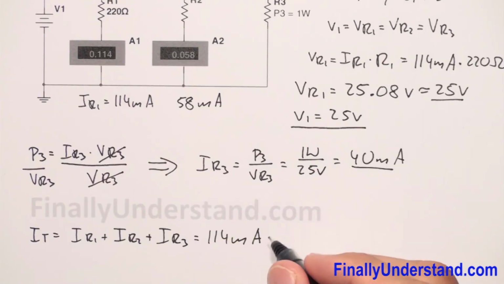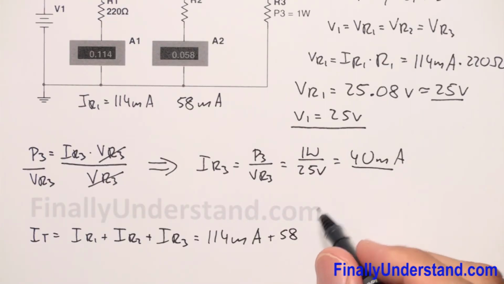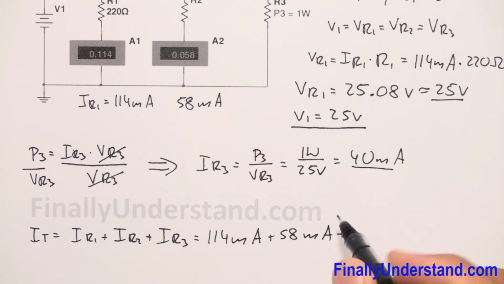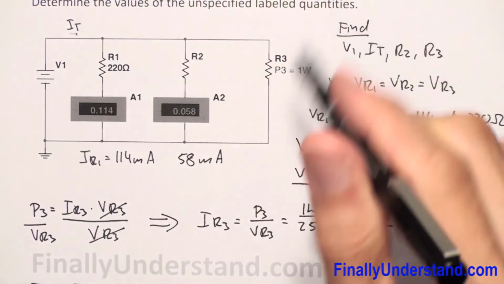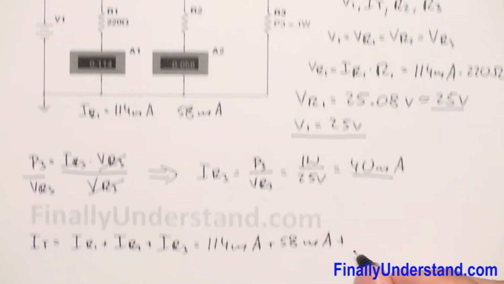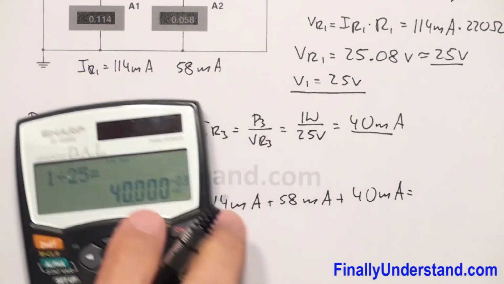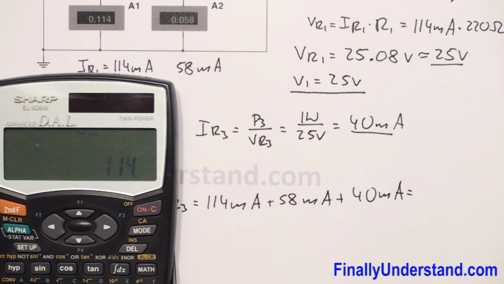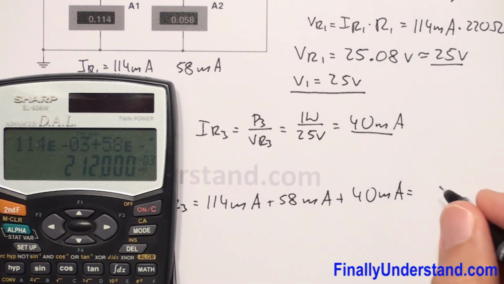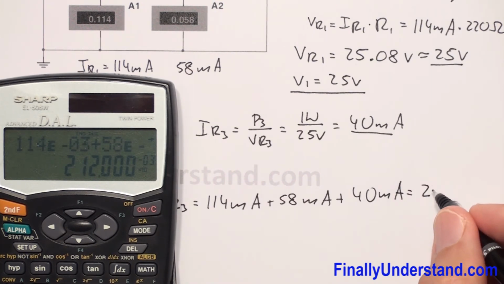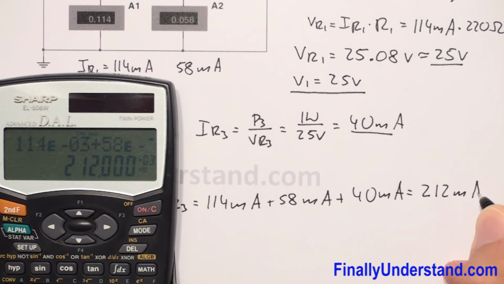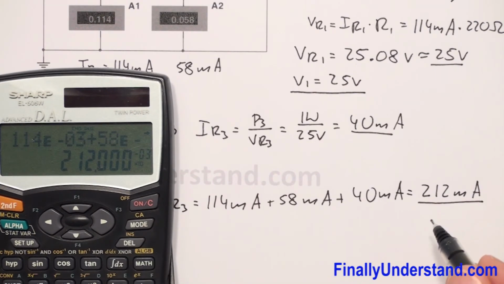So plus 58 milliamps plus the current which goes through resistor R3, this is basically what we just found, is equal to 40 milliamps. This is equal to 114 times 10 to the negative 3 plus 58 times 10 to the negative 3 plus 40 times 10 to the negative 3. This is equal to 212 milliamps. So this is the total current.